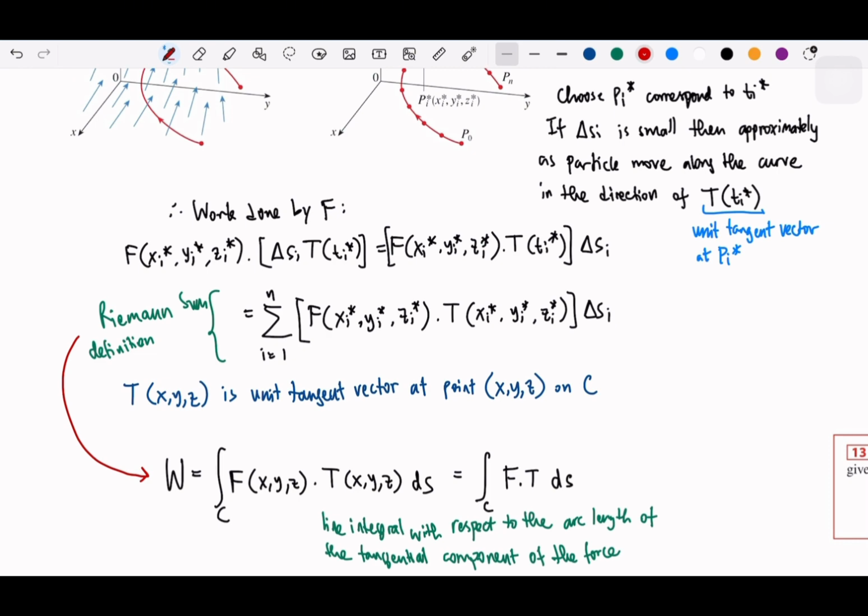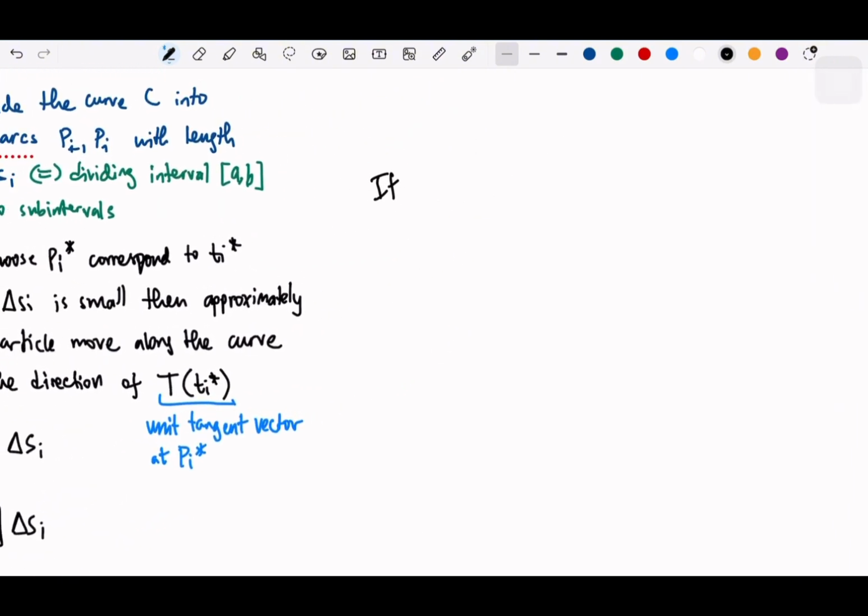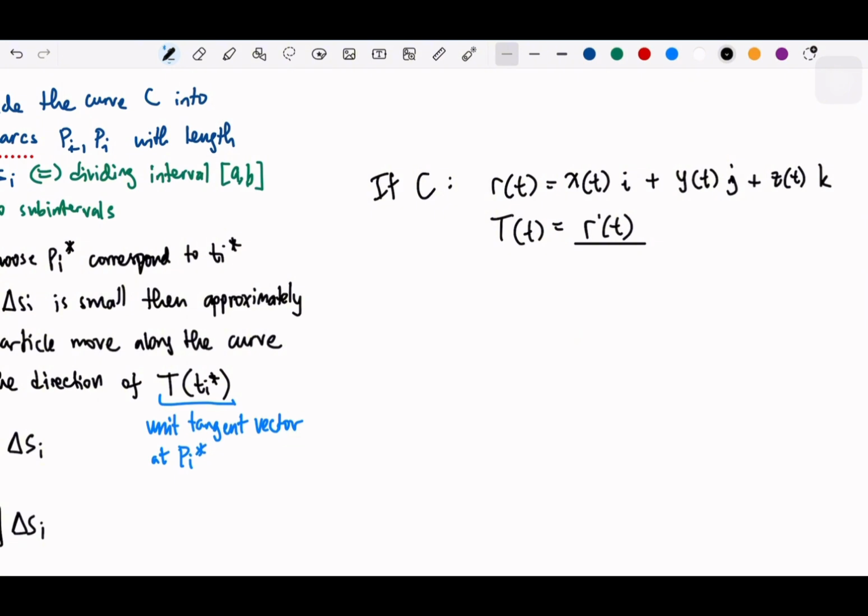What is the T? So if the curve C is given by the vector equation r, with each one of them having parametric definitions, then the T is actually r prime t divided by its magnitude.